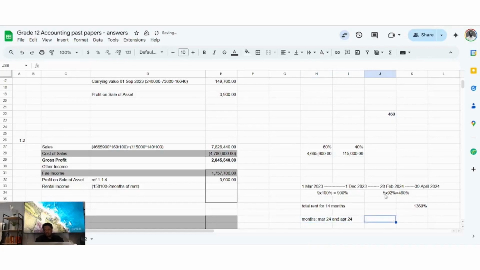And in percentage terms, that would be 92% times 2, which works out to 184. So that's basically 184%. So basically we want to take out 184% in this case.